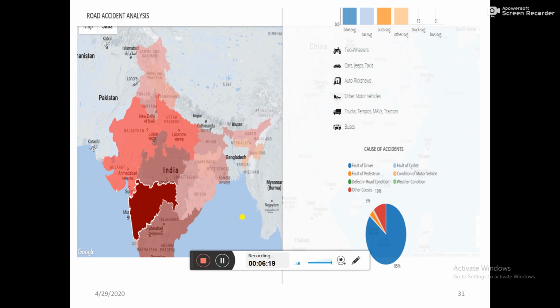The last figure on the right-hand side is a pie chart which shows the causes of the accidents. See over here, the darker blue highlights the fault of the driver, while the fainter one highlights the cyclist. The orange highlights the fault of a pedestrian, and likewise.